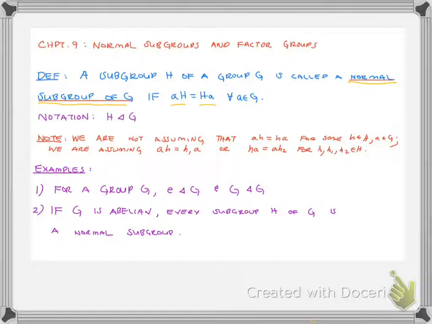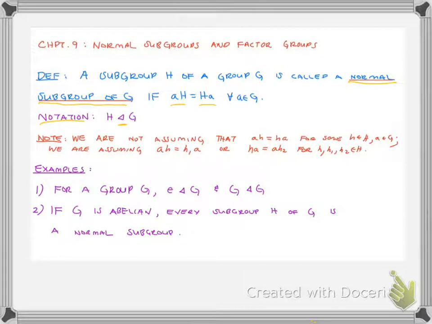We know that doesn't have to be the case, but when that happens, we call that subgroup a normal subgroup. The notation is a little right triangle pointing towards the H.